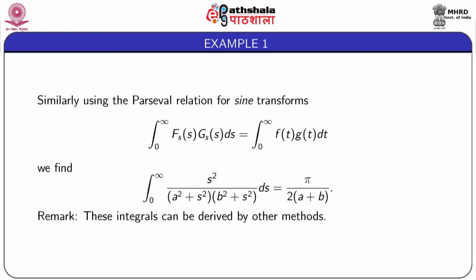Using this result and knowing f(t), g(t) and F_s and G_s, we find that the integral from 0 to infinity s square ds divided by (a square plus s square) into (b square plus s square) gives pi by 2 into (a plus b). So, these integrals are evaluated very simply by using Parseval relations for sine and cosine transforms, and these integrals can be derived by other methods also.